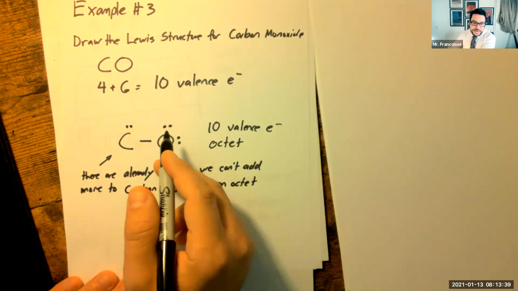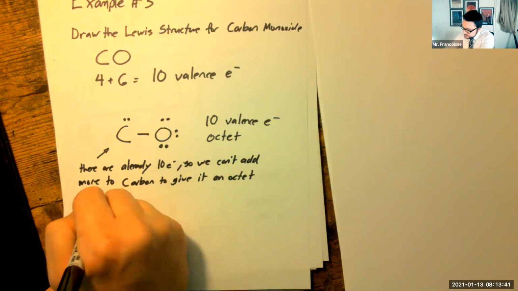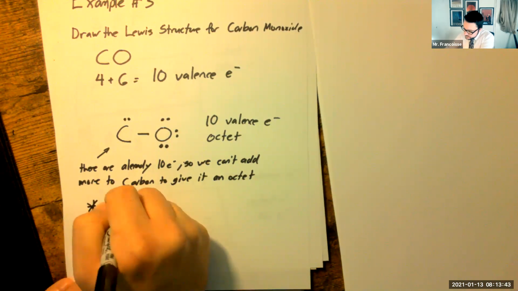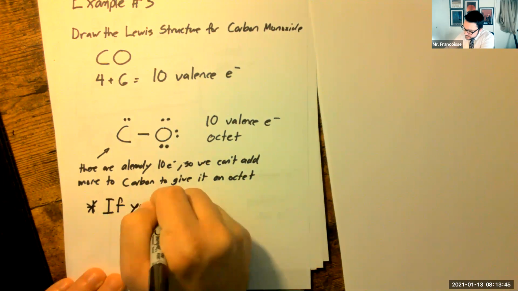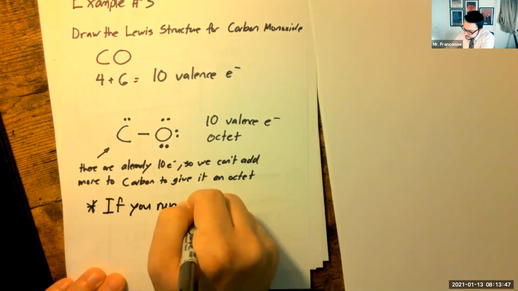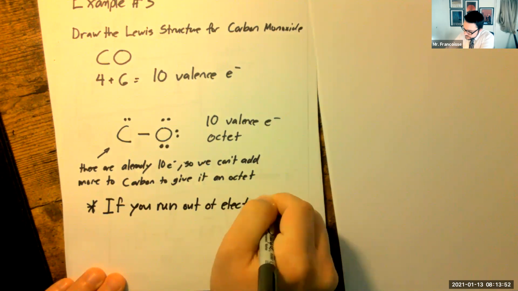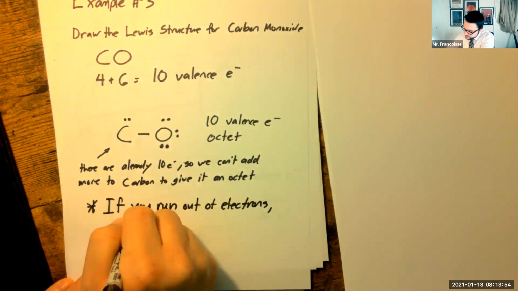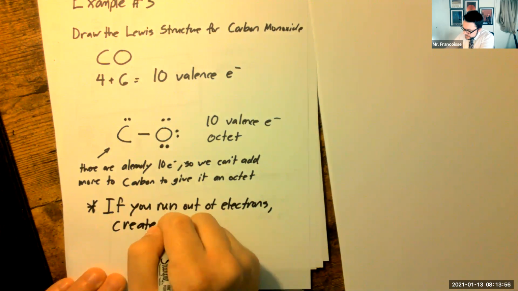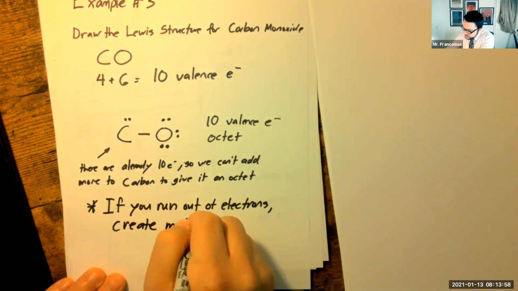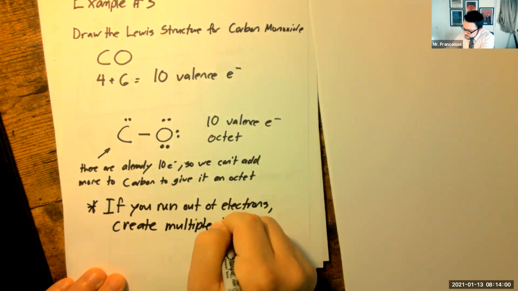So what we can do is if there's not enough electrons, so if you run out of electrons, create multiple bonds.